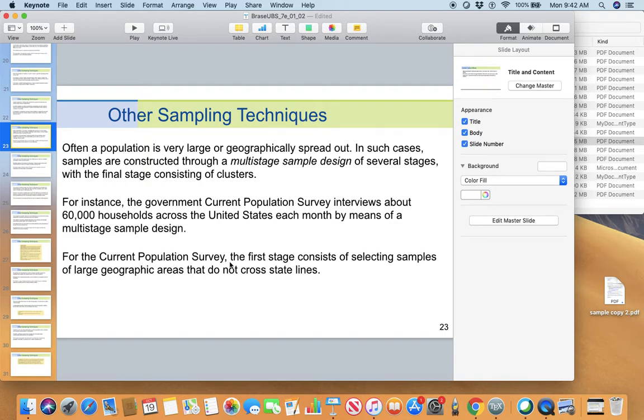For the Current Population Survey, the first stage consists of selecting samples of large geographic areas that do not cross state lines. So you want to interview 60,000 households, right? So first stage, you select samples of large geographic areas that do not cross state lines. That is, you take entire areas that sit within each state.